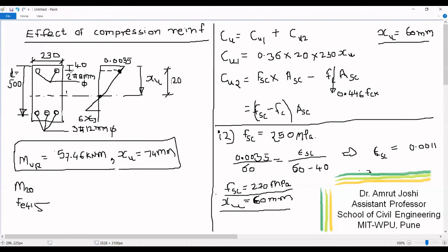So our first observation is, by adding compression steel, I take neutral axis at failure above, and therefore the section becomes more under reinforced. Degree of under reinforcing increases. Now let us work out moment of resistance of this.